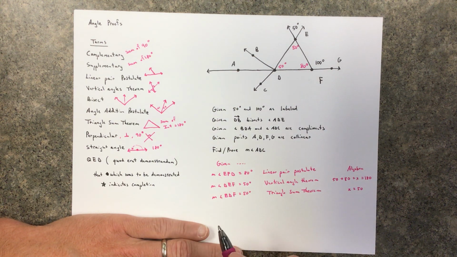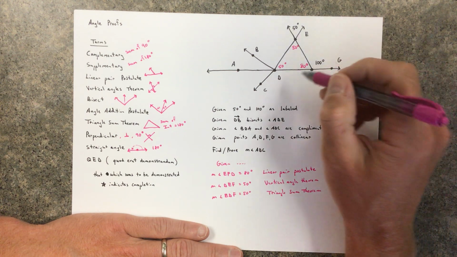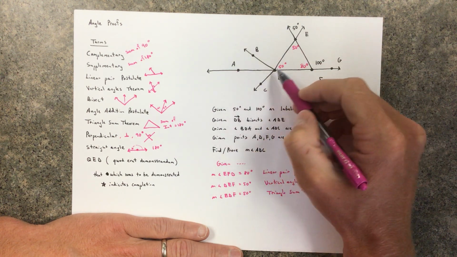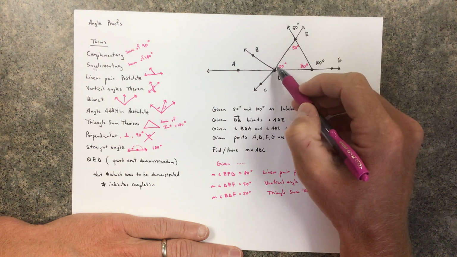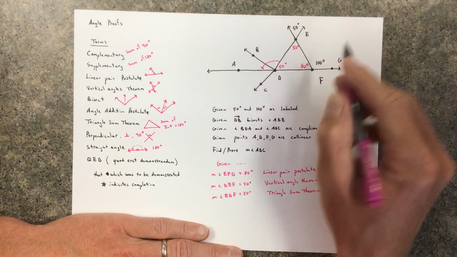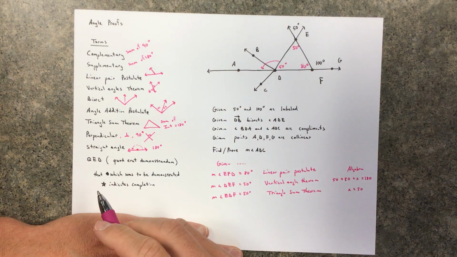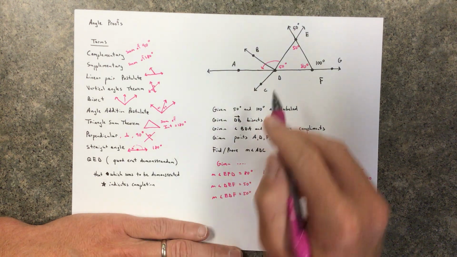Okay, what else do we know? Well, can't we say the angle addition postulate, that this is some big angle, this angle from here all the way to there? Well, I guess we could say that angle is a linear pair, or we could say the angle addition postulate. I guess it doesn't really matter.